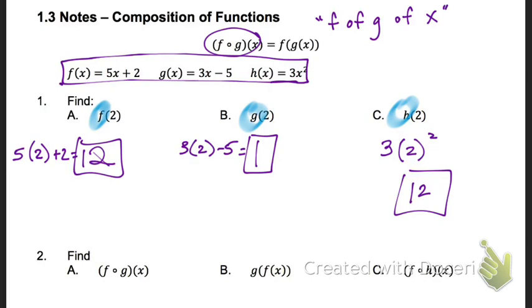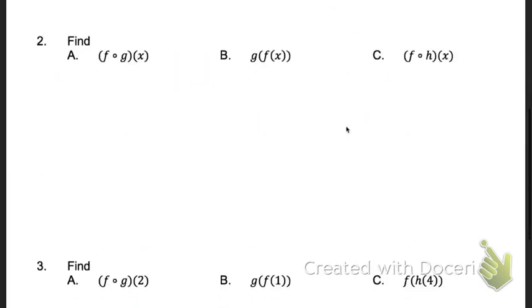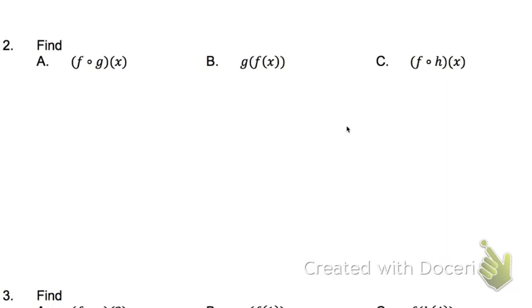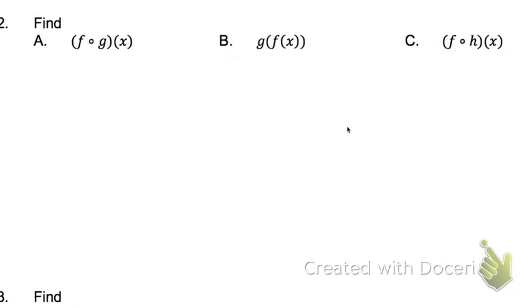Yeah? Okay, next thing gets a little bit trickier. Here we have f of g of x. Anytime you see it in this notation, I'm automatically going to change it to look like this. Okay, so cross this out. I want you to know what it is, but I'm going to rewrite it like this.